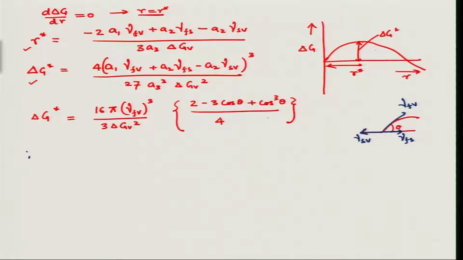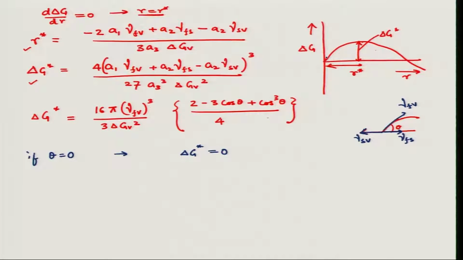Now, if theta is equal to 0, you can see from this that the whole term becomes 0, which means delta G star is equal to 0. Then there is no energy barrier for a growing nuclei to overcome. It is spontaneous, there is no barrier for nucleation.